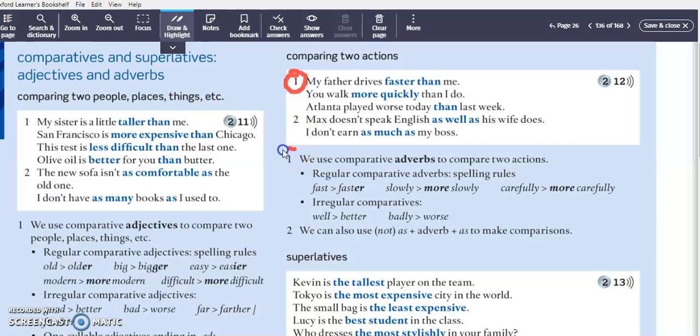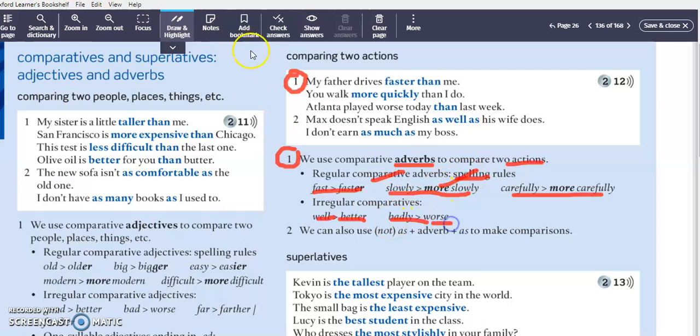Use number 1: we use comparative adverbs to compare two actions. These are the spelling rules: fast, faster; slow, more slowly; carefully, more carefully. There are also some irregular comparatives, like well, better, that don't follow any of the rules here.